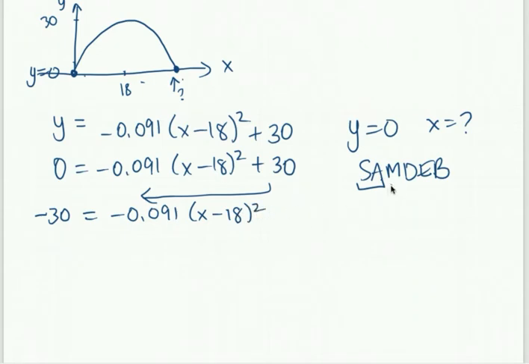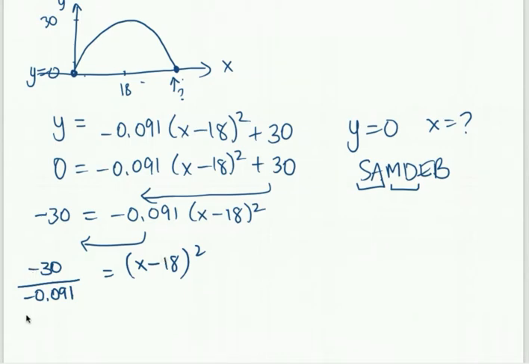The next thing SAMDEB says is anything multiplied or divided, so we can move this one now. And that leaves this here. So I'm just going to take care of that: negative 30 divided by negative 0.091. Both of them are negative, so it should be a positive number. So you end up with 329,670.3. I'm just carrying a few extra digits here.